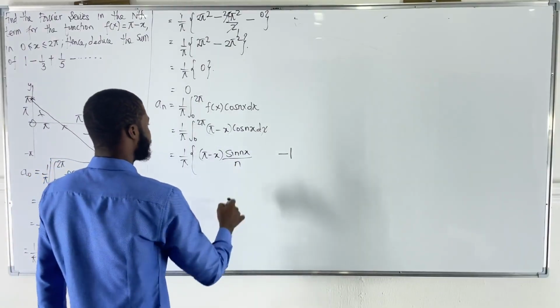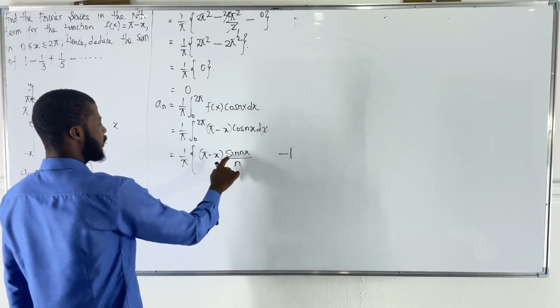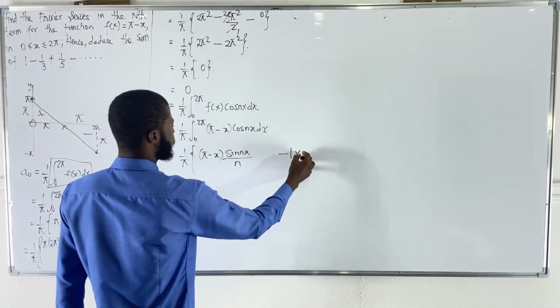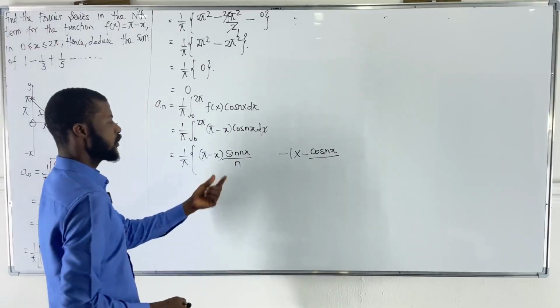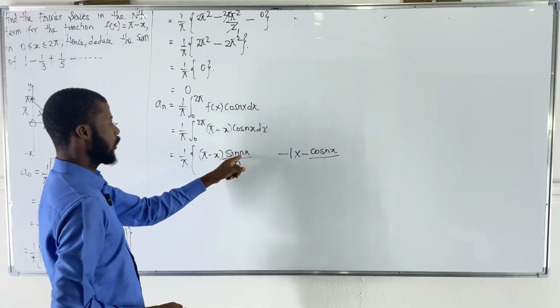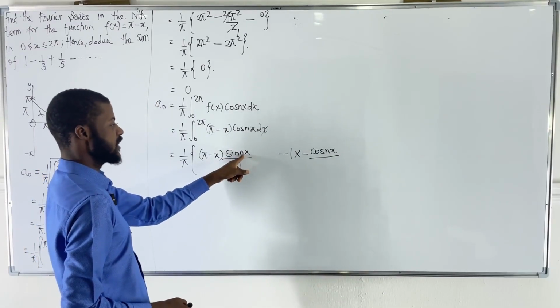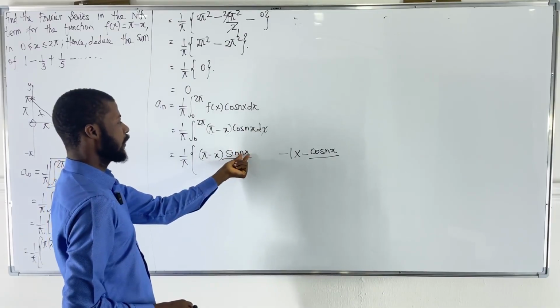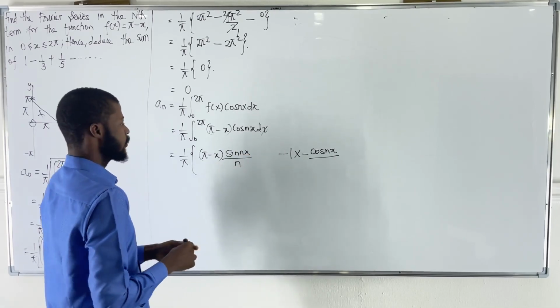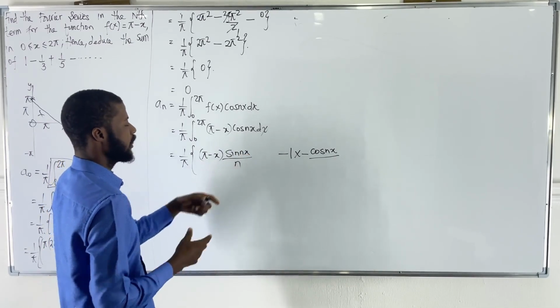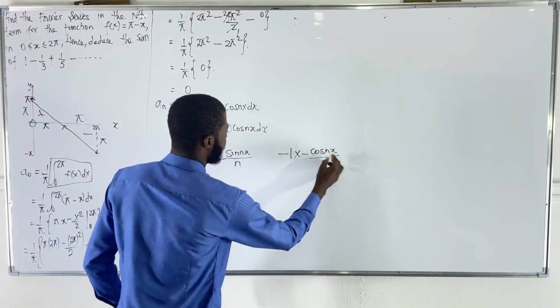Sine will give us minus cosine when you integrate. For us to integrate a trigonometric function, we must always divide by the derivative of the angle. The angle here is nx, so if you differentiate this nx, you will get n. So that n would multiply this very n here to give me over n squared.